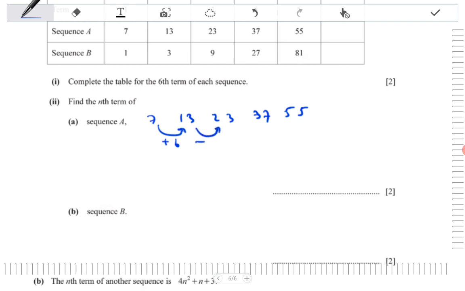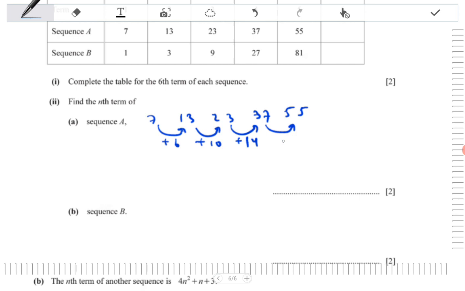Next difference is plus 10. Next difference, sorry, it's not plus 13, it's plus 14. And you can observe that first time we added 6, then we added 10, then we added 14.